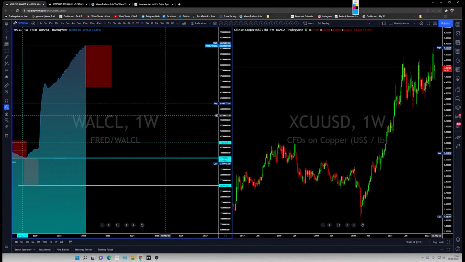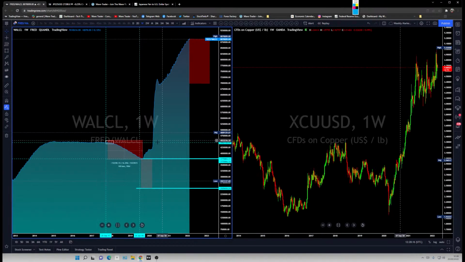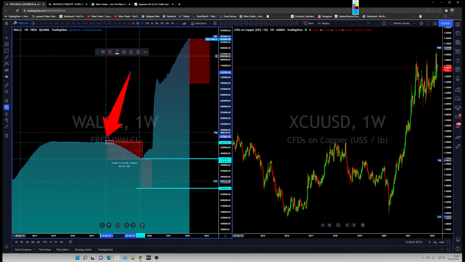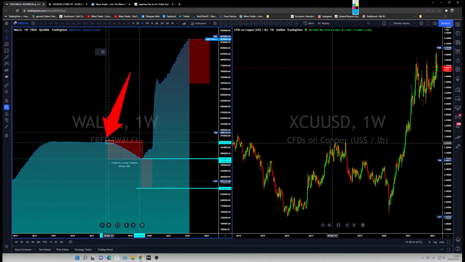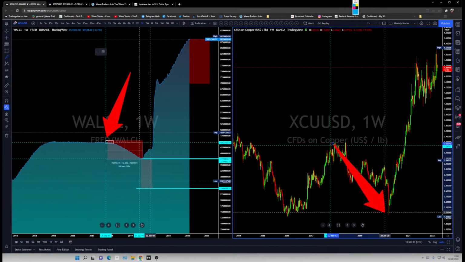Copper is an inflationary item. This is 2017, when copper found its top and then went lower.